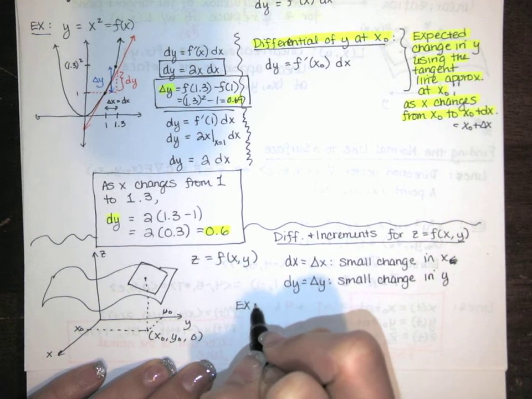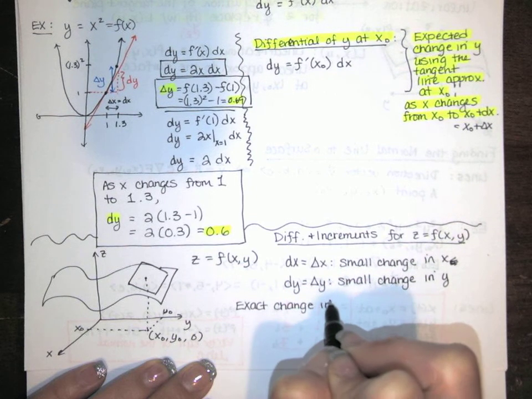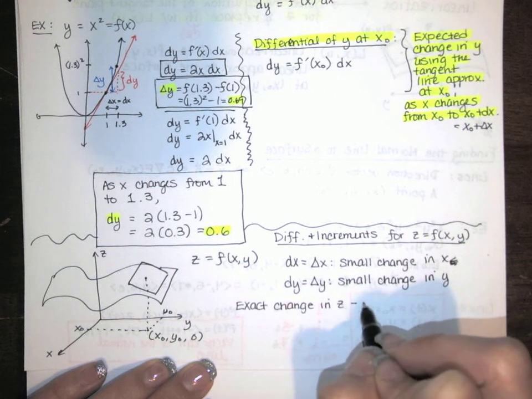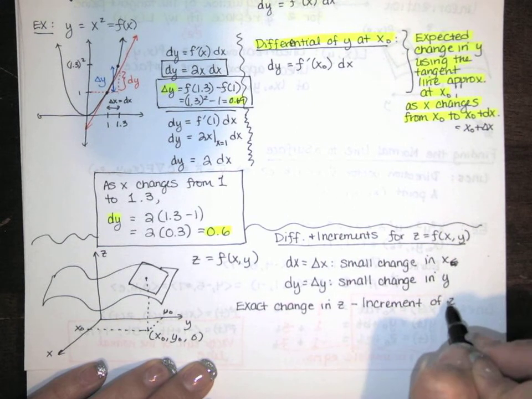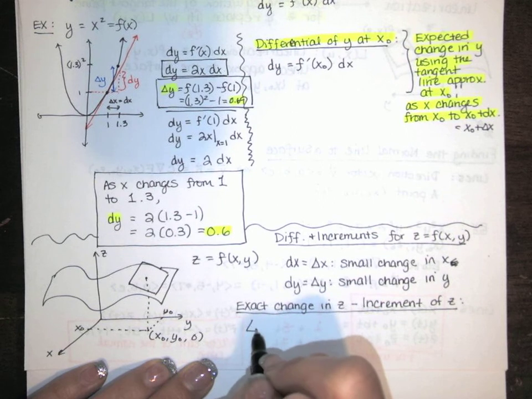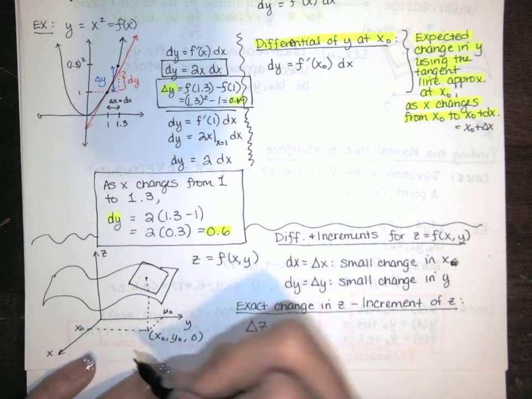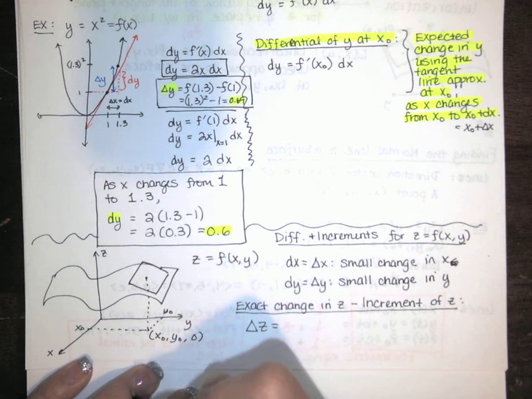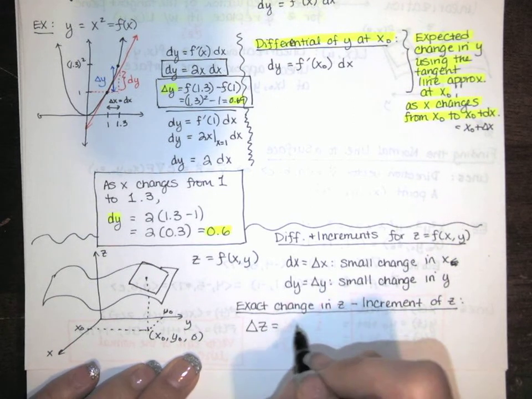The exact change in z is called the increment of z. So we're going to represent that by delta z. This is the exact change in z as x goes from x naught y naught to some nearby point, x naught plus delta x and y naught plus delta y.